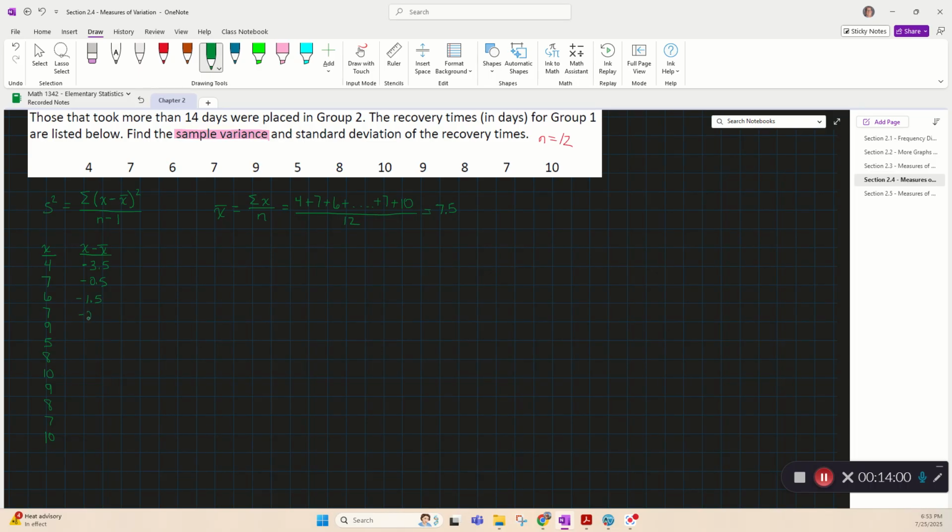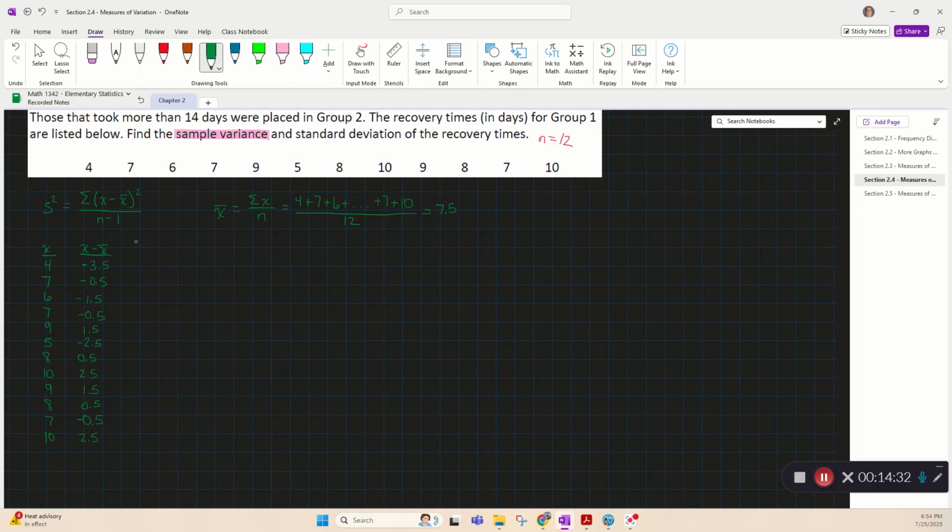We're going to have negative 0.5 again, positive 1.5, negative 2.5, positive 0.5, positive 2.5, positive 1.5, positive 0.5, negative 0.5, and 2.5.